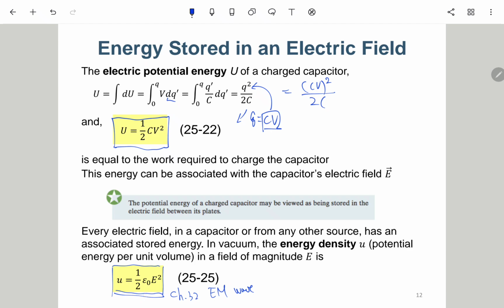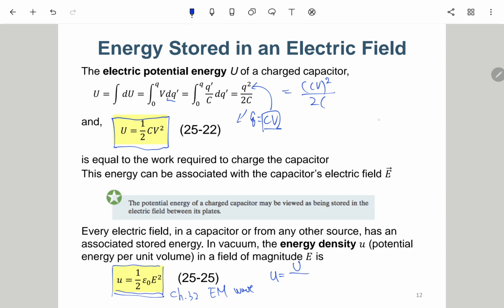Actually, I will not try to prove this one, but we can try to verify it with the case of the parallel plate capacitor. For the parallel plate capacitor, we have U equals the total energy divided by the volume.